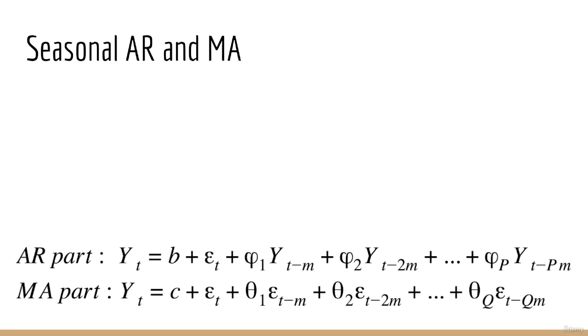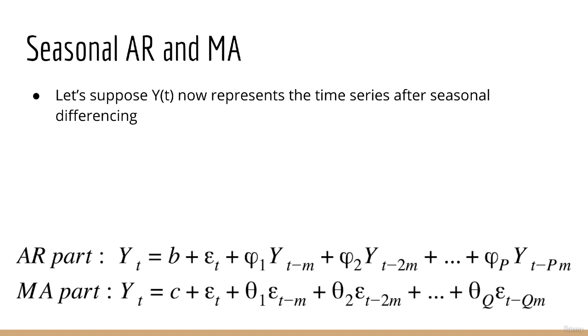So without loss of generality, let's suppose that we have not differenced, so that we can keep using the variable y_t. Or you can pretend y_t now represents the new differenced time series, it doesn't matter. The seasonal autoregressive part is again what you might expect. y_t is regressed on past data points in the time series at multiples of m away from t.